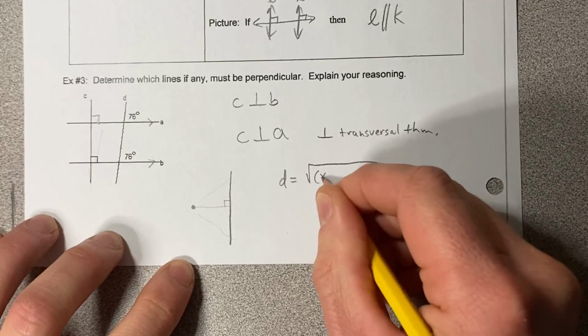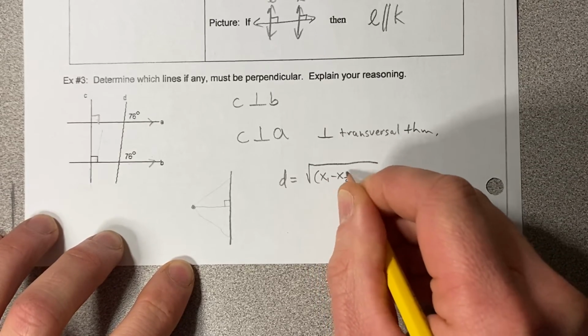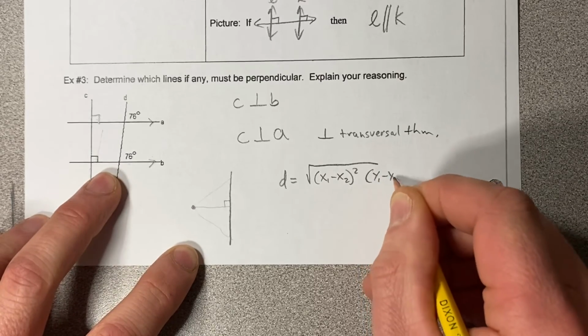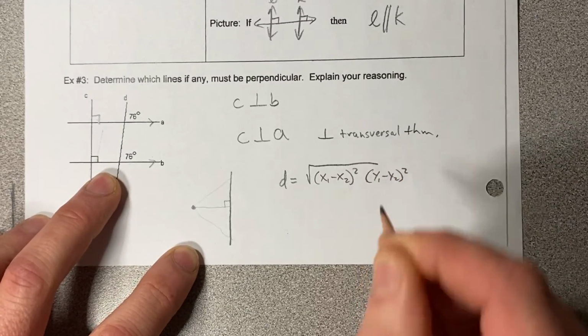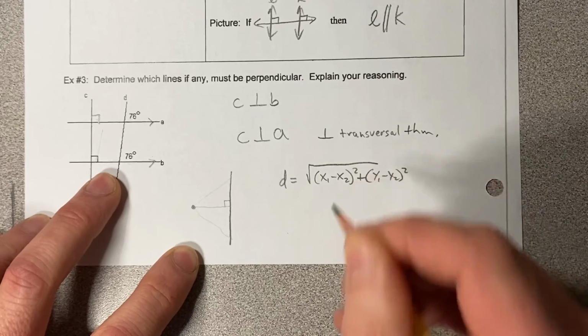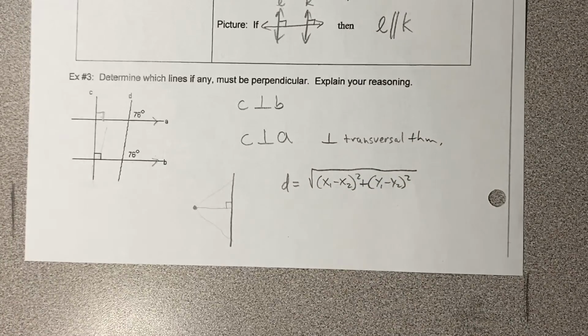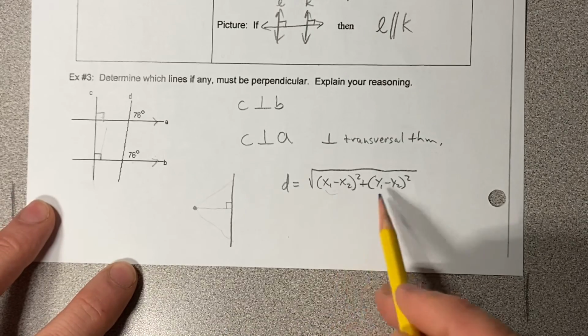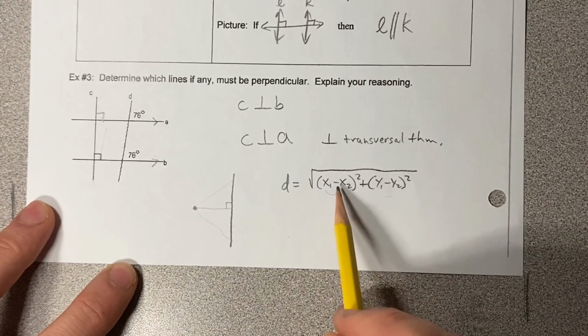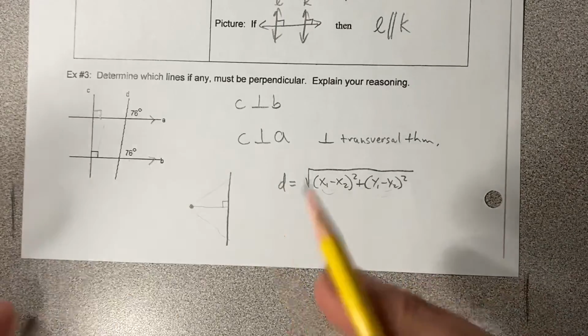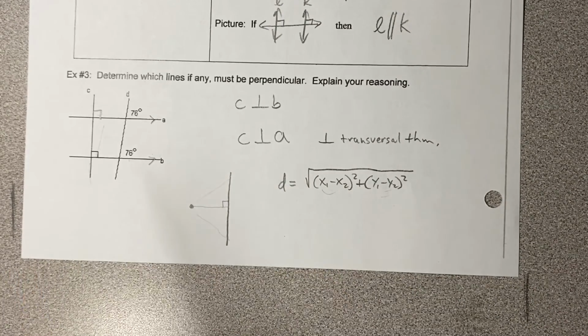You just got to remember to subtract the x's, subtract the y's, square them both, add them together, and then finally take the square root. The reason I say it's forgiving is the order doesn't matter. You just got to do x's together, y's together, square it, add them up, and then take the square root. So there's going to be a couple of problems that involve doing that.